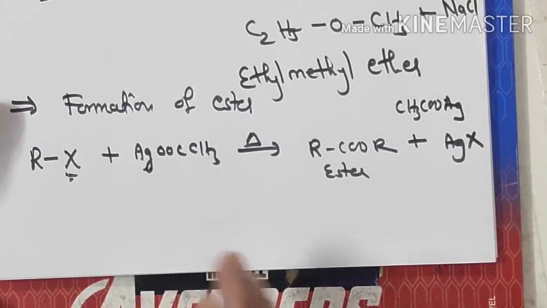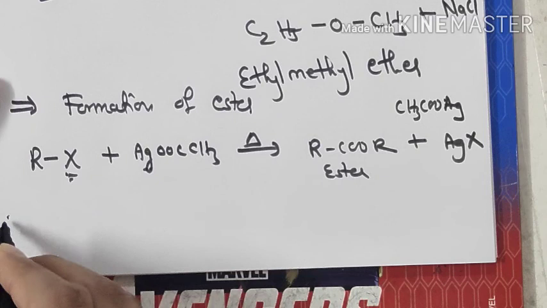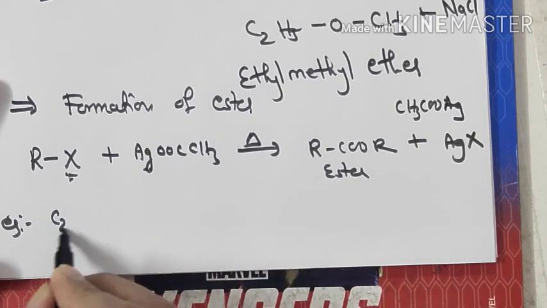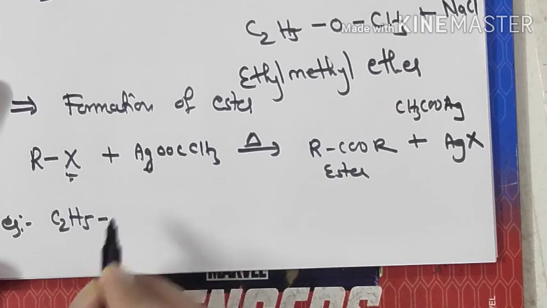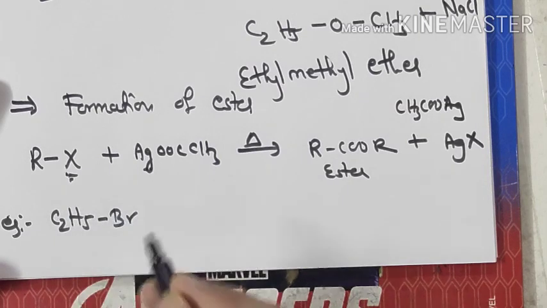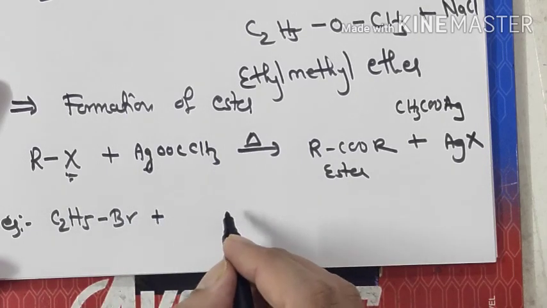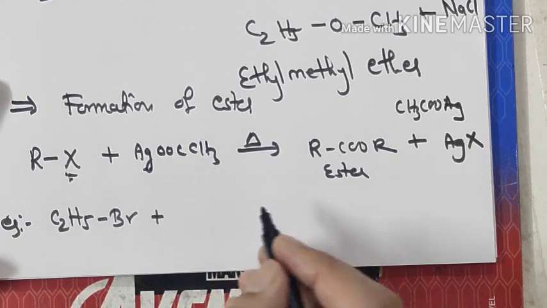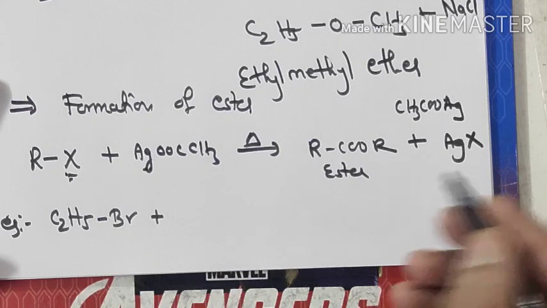I'll explain this with one example. Suppose I take C2H5Br this time. Carboxylic acid can be written as RCOOR if I open it.